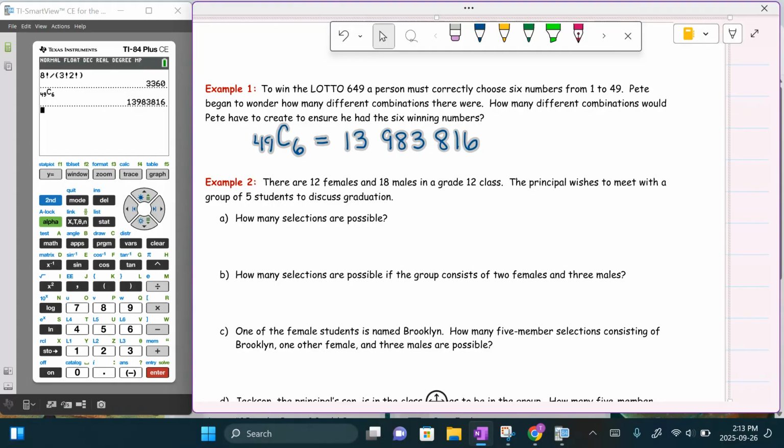It could happen. It's just the odds are not in your favor. So again, just kind of neat to look at: over 13 million different ways you could bubble in 6 numbers on that sheet. Crazy, okay?